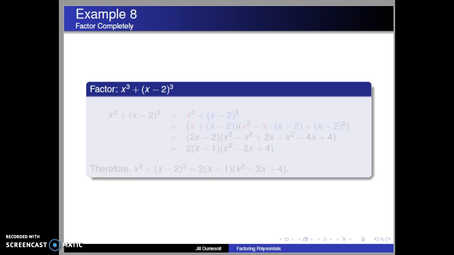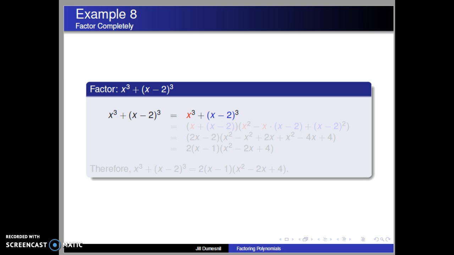Let's consider one final example, to factor x cubed plus x minus 2 cubed. Expanding x minus 2 cubed will not be helpful when we want to factor. So we notice that we have the sum of cubes with bases x and x minus 2.